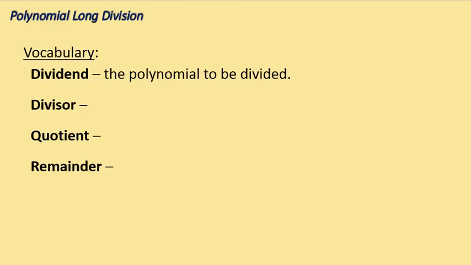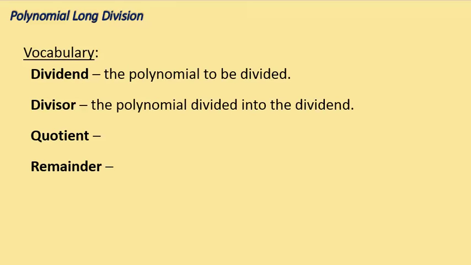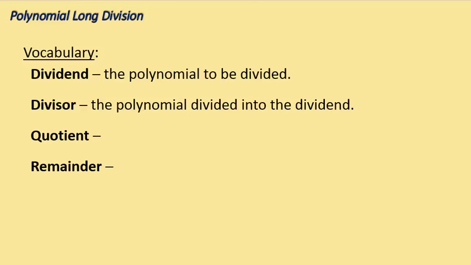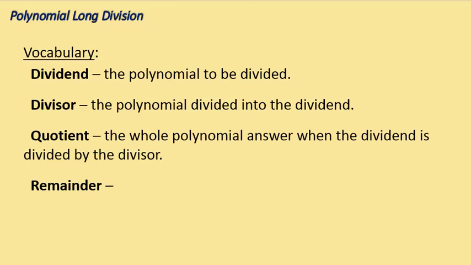The second vocabulary term we're going to look at is the divisor. The divisor is the polynomial that's divided into the dividend. So in my last example, the divisor is the 3. That 3 was our divisor. The next term is quotient.